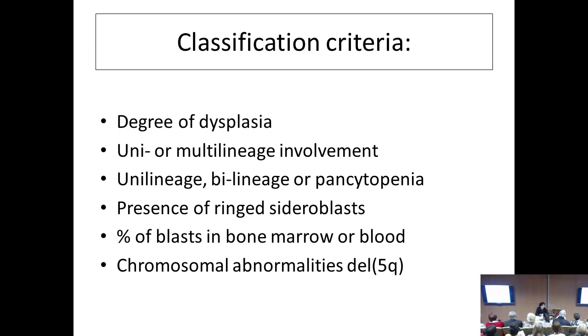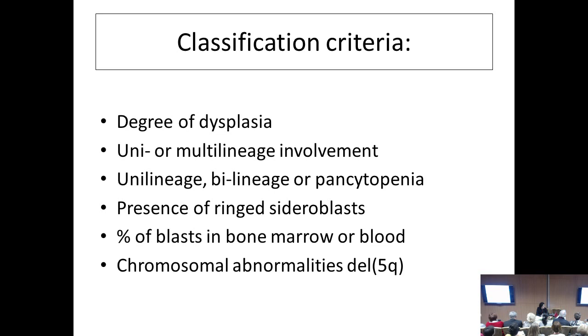Fourth criterion is the presence or absence of ring sideroblasts, and when ring sideroblasts are present, they have to reach a certain percentage of erythroid precursor cells. And of utmost importance for morphologists is to determine the content of blasts in the bone marrow, either in cytology or histology.